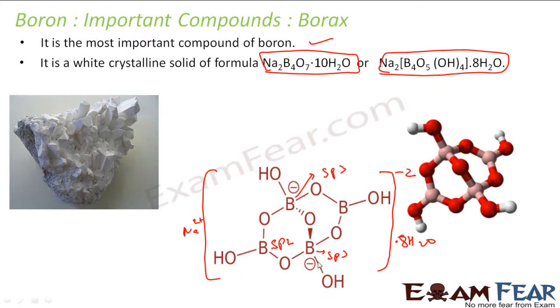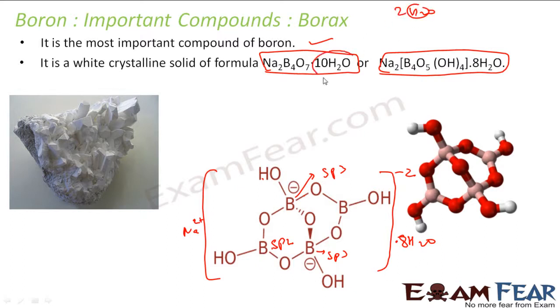So overall it has a minus 2 charge. It's an anion and this is the sodium cation, Na plus, and it has 8 extra molecules of water. Now, how many hydrogens? 1, 2, 3, 4 hydrogens, and that means 2 water molecules, because 2 water molecules have 4 hydrogens. So in total it has 10 water molecules.